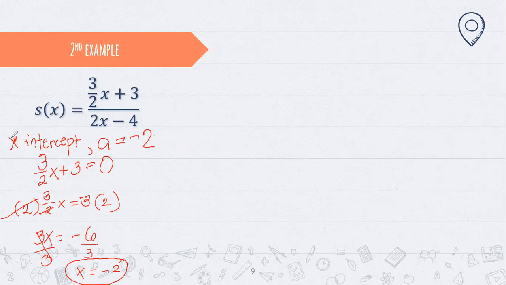Anong ibig sabihin yan? Sige, let's have Alexia. Ayan, Miss Denate. Hindi ko pa narinig. Ulitin ko yung tanong. Ngayon, anong ibig sabihin na meron tayong x-intercept na negative 2?